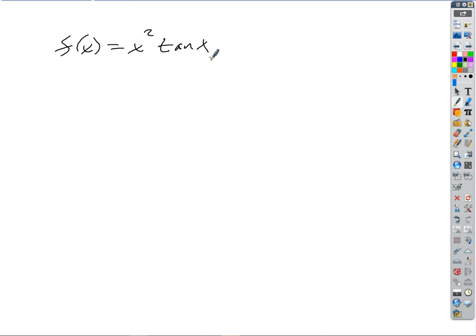Okay, now we need product rule. We've got a product of u and v, right? We're going to do a derivative of a product. I've got u is x squared, because you just have to think about what things are being multiplied here. I have the function x squared times the function tangent x.